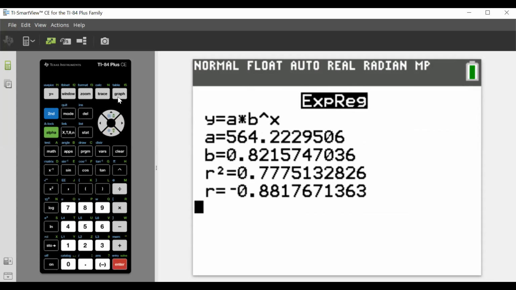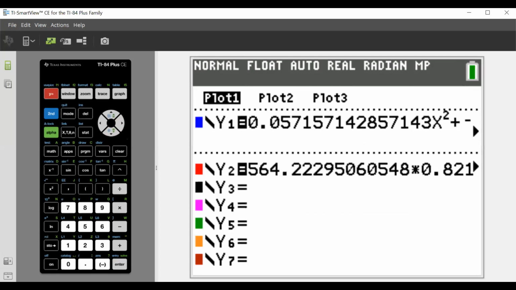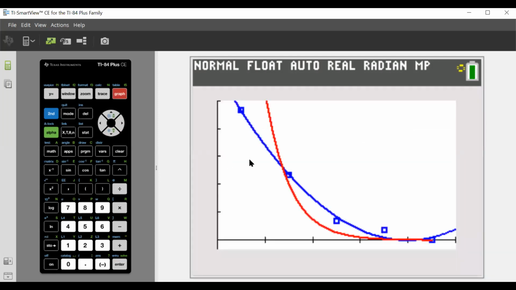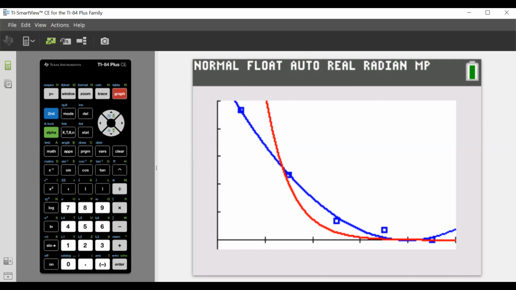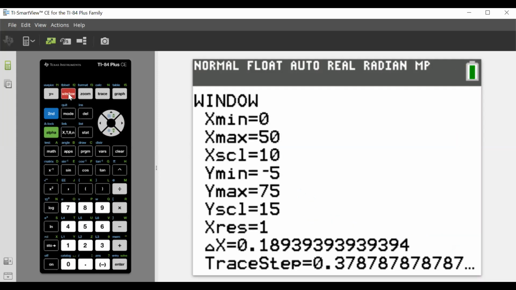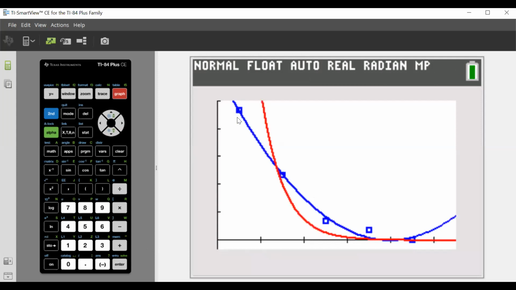Okay, now they should all be here with all the details, and let's look at our graph. All right, so this is what we have. Let's look at our window. Let's put it from 0 to 55. That'll work.